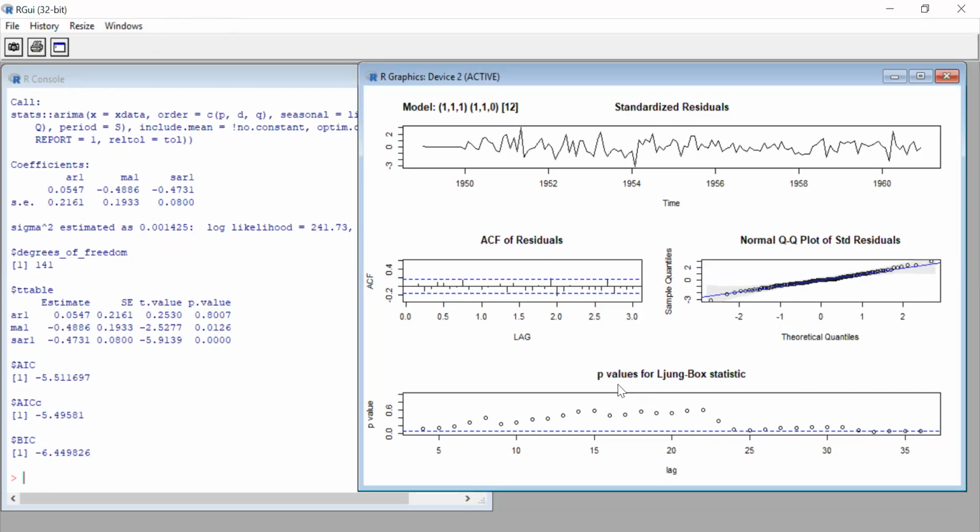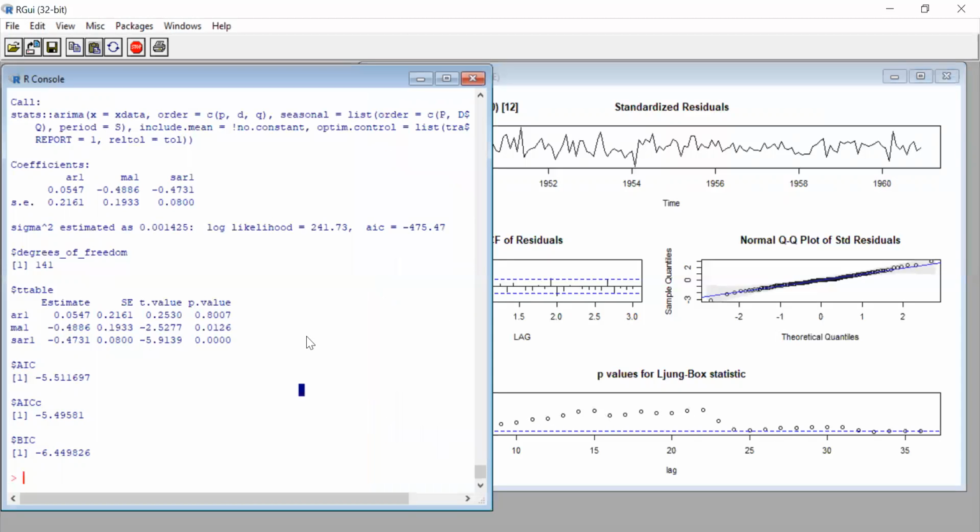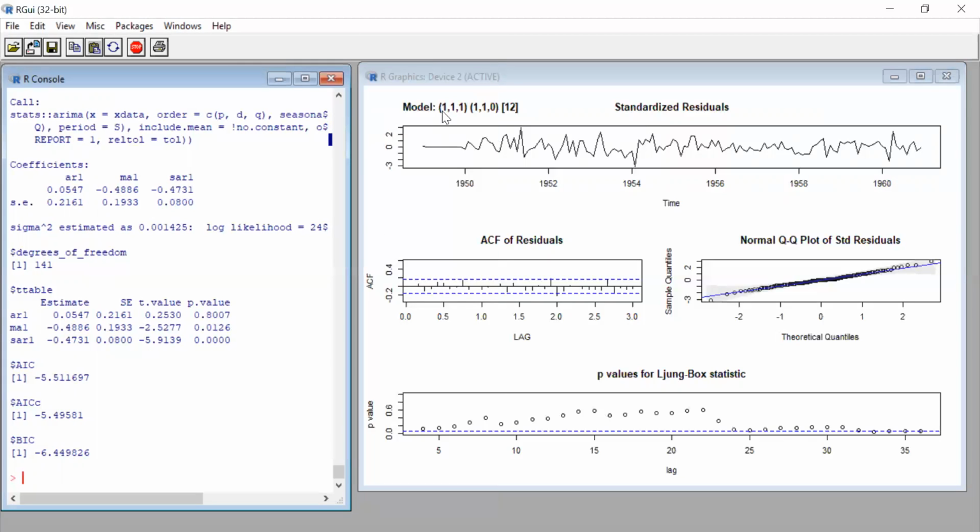And even the p-values, some p-values at the beginning and here and later are not so good, but roughly it looks good, right? And here, we tried a small p, d, q and the capital P, D, Q, right?